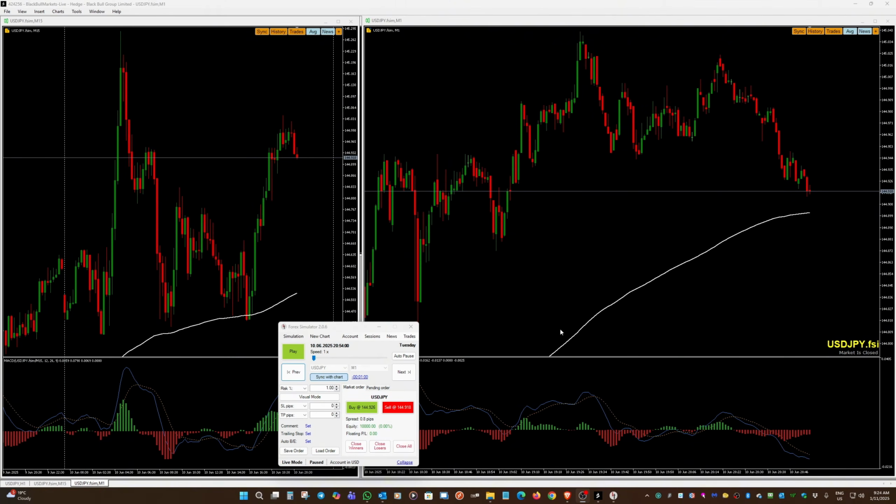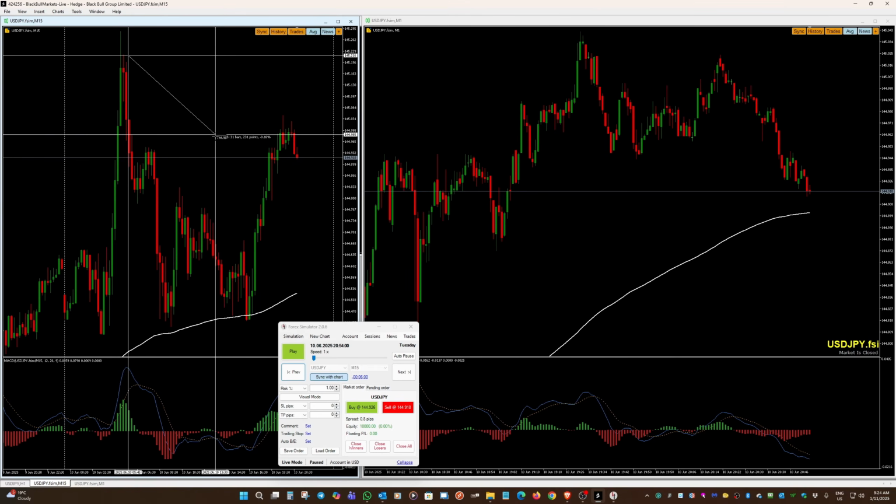We're in Forex Simulator now, and I'm just going to show you a couple of examples of how you would trade this if you were doing this live. On the 15-minute chart on the left, we can see there is a resistance line a bit of distance from where we are.